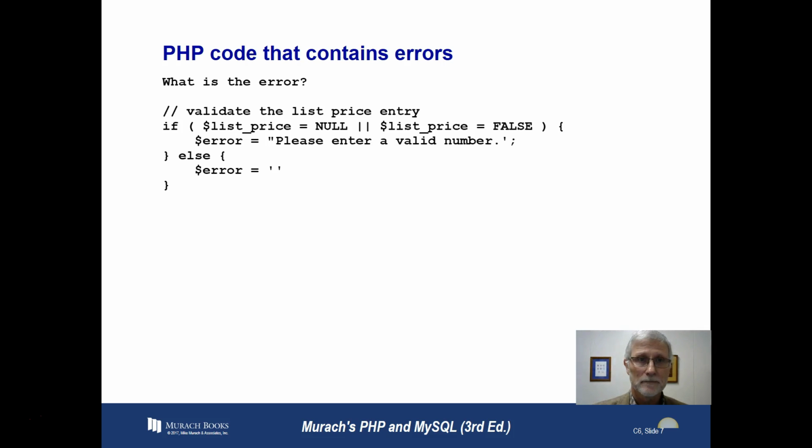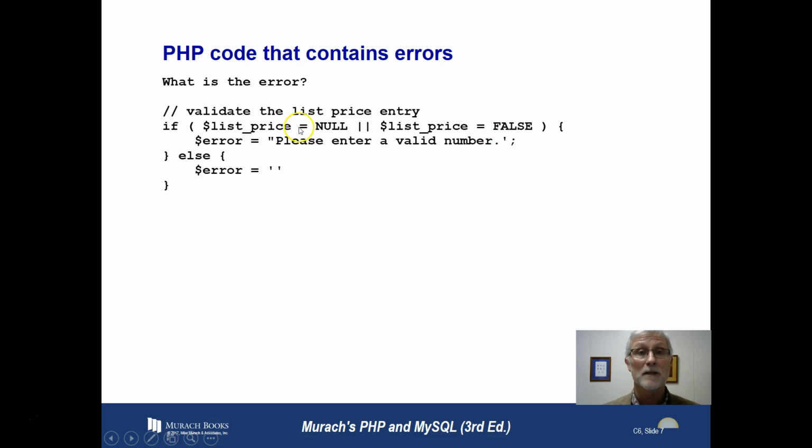Now here's another set of code that has an error, and it's actually one of the more common ones. Can you see it? Take a look at it. I'll give you a second. You've got an if statement, right? As my cursor comes back, there it is. What should these be?